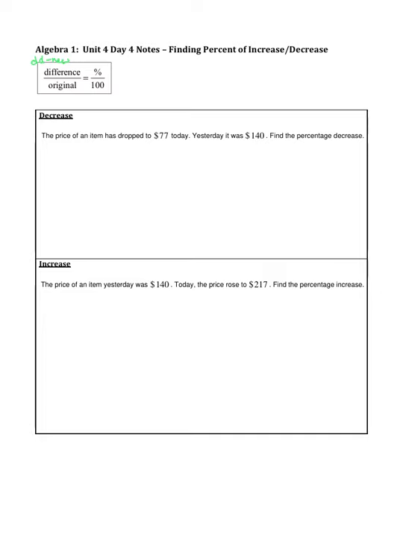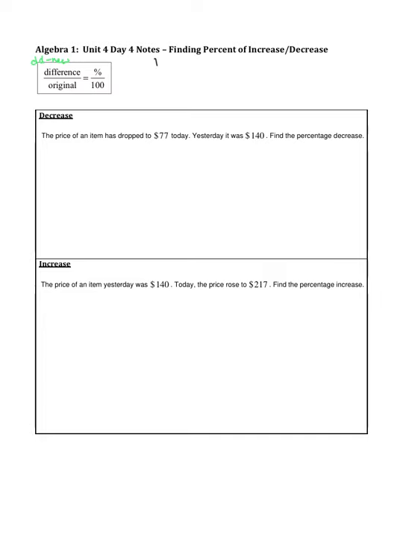Sometimes you're going to do old price minus new. Sometimes you're going to do new price minus old. We're looking for the difference. You're not going to have a negative number because we're telling you if it's a decrease or an increase.